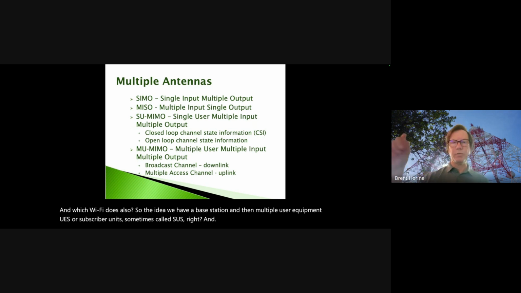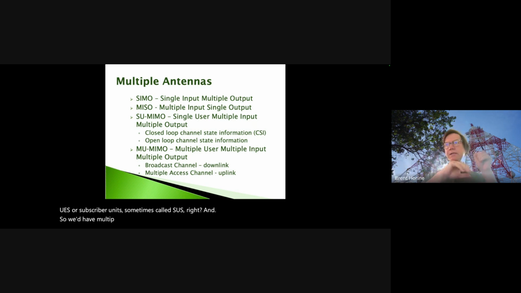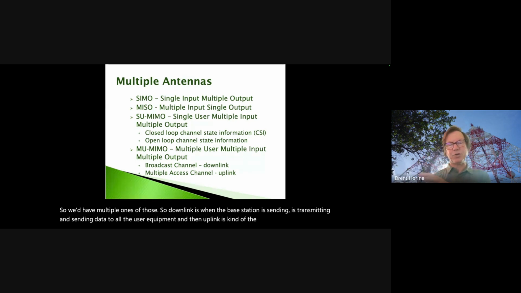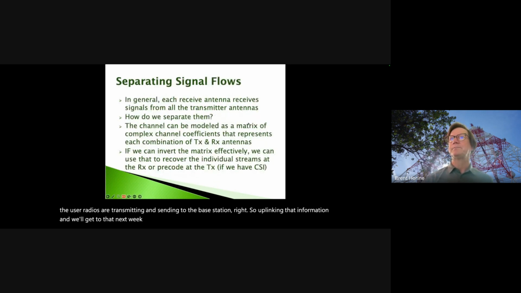And so we'd have multiple ones of those. So downlink is when the base station is transmitting and sending data to all the user equipment. And then uplink is kind of the opposite process, when the user radios are transmitting and sending to the base station, right? So uplinking that information, and we'll get to that next week in more detail.